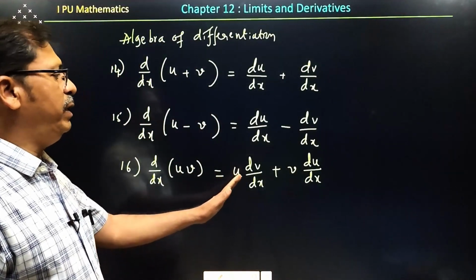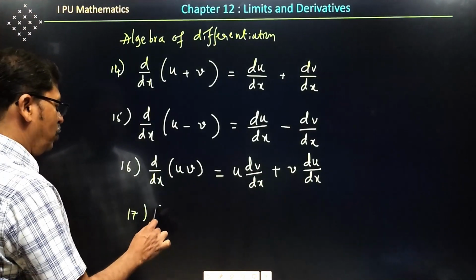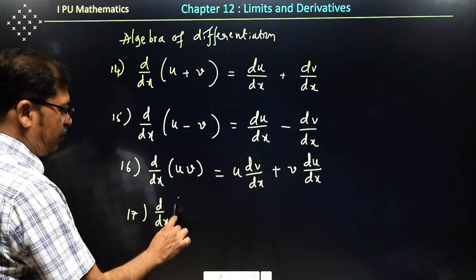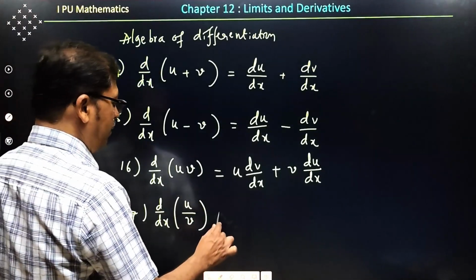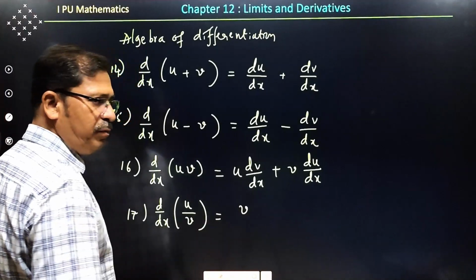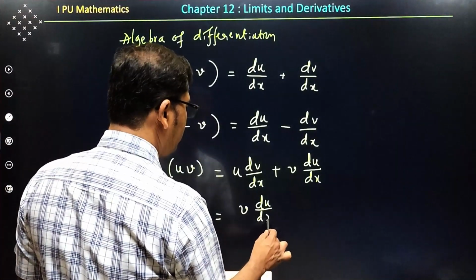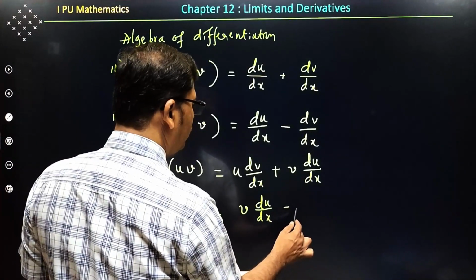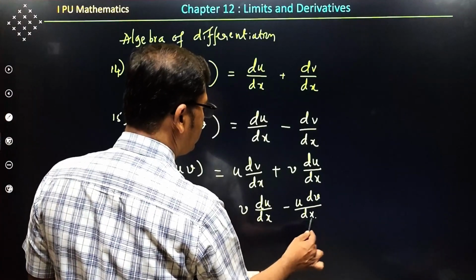And next, the quotient of two functions, u upon v, where u and v are both functions of x: denominator v into du by dx, minus numerator u into dv by dx, whole divided by v square.